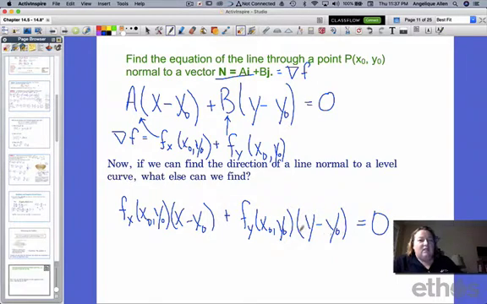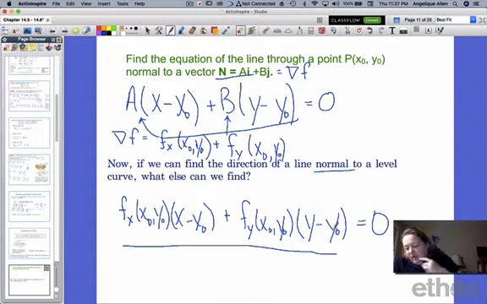This is going to give us the equation of a line normal to our level curve, okay? This is the line normal, and then if we consider the gradient to be the normal vector, then when we use the components of the normal vector, we get the equation of a tangent line to a level curve.